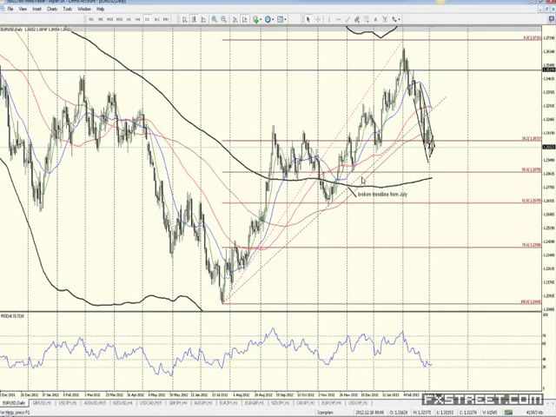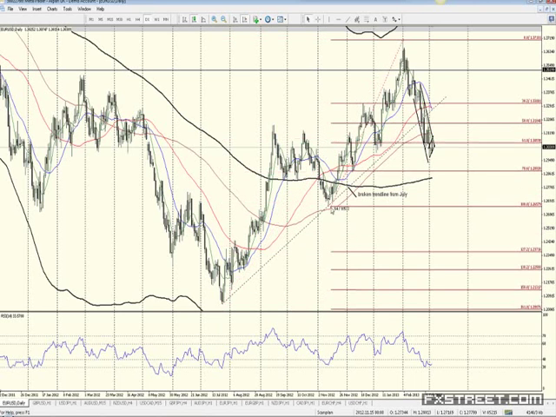You also see a confluence of Fibonacci retracement. So here it's 50%, right? If you just take the November to February swing, you see 78.6% here at 1.2885.